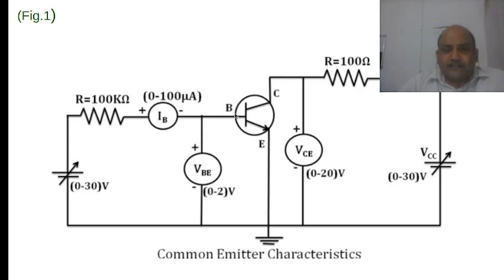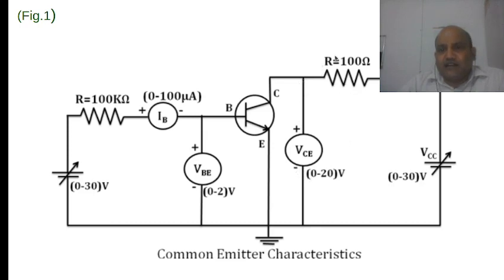And this is an NPN transistor. This is the emitter, this is the base, this is the collector. In the experiment I will show you how you can identify the base, emitter and collector of a transistor. Here you can connect a voltmeter that will measure the voltage between collector and emitter.